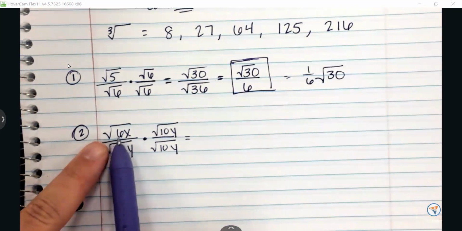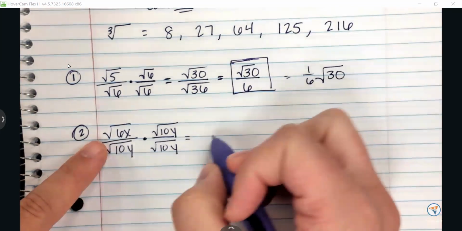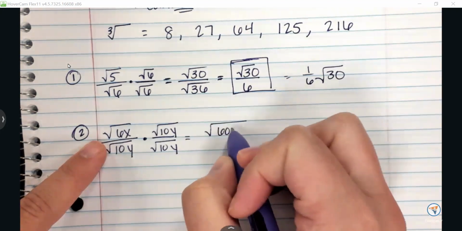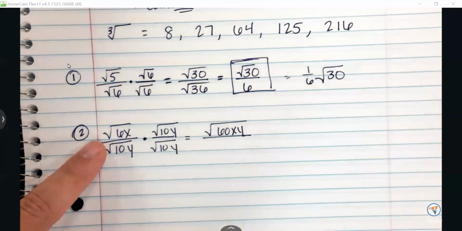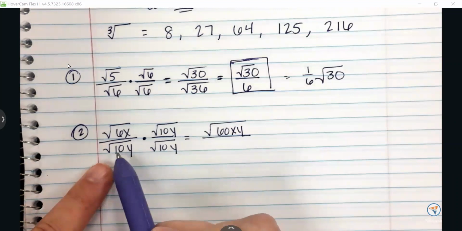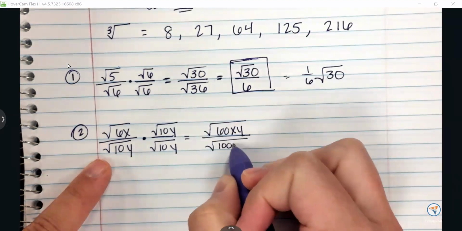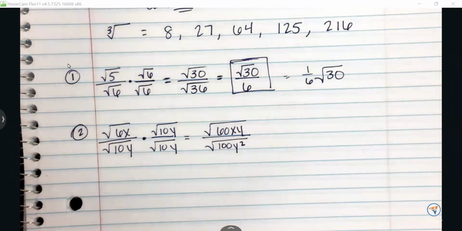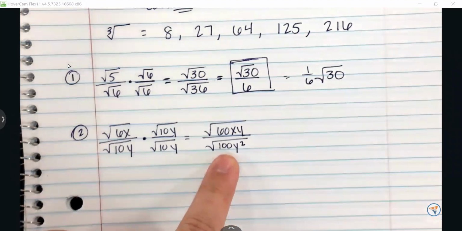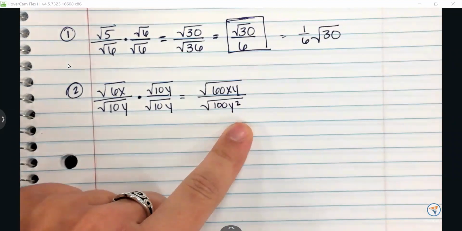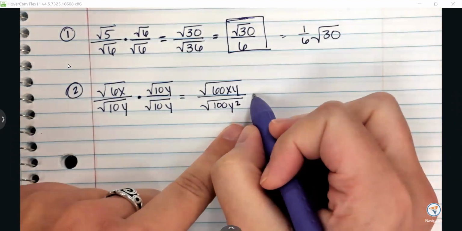So what is 6x times 10y? 60xy. And in my denominator, I have 10y times 10y, which would give me 100y squared. Is 100 a perfect square? Is y squared a perfect square? Yes, so I've done it correctly.